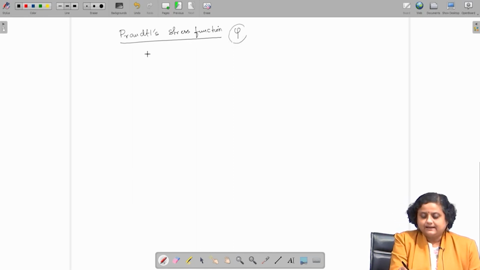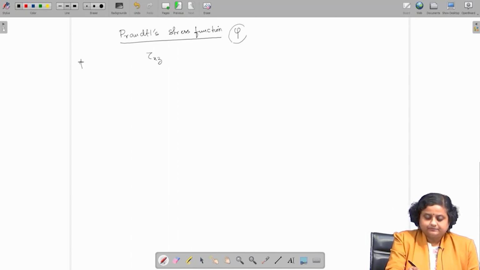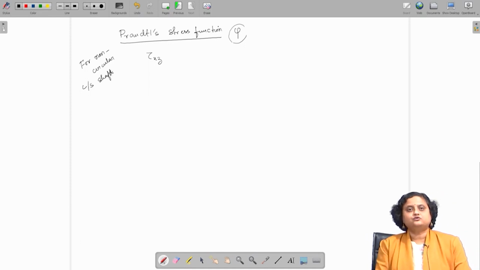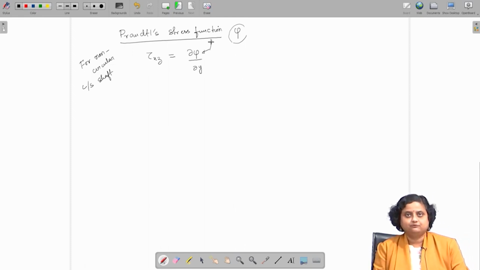So, let us assume that the shear stress tau x z for the non-circular cross-section shaft, let me write this as del phi by del y, where phi is this Prandtl stress function, as I have said before.